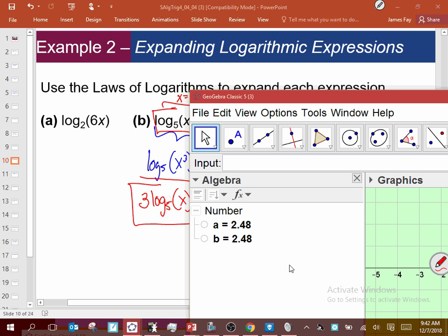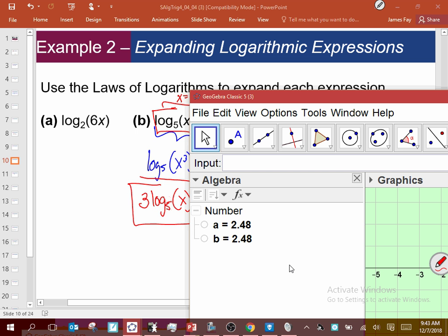Does that base really matter? No. So if you're using your calculator, and this is the benefit of understanding how your calculator operates, if I have a very basic calculator that only does log base 10, I can still check these things because the base does not matter in regards to seeing if I've expanded or condensed them correctly. Is that all right? Okay.